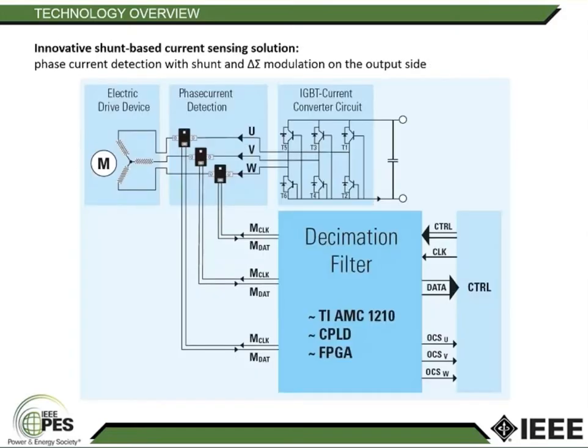Now let's have a look at the shunt-based current sensing solution. The shunt-based current sensing solution is basically located in the same spot like the CTs, which makes sense because you want to measure the three phases of your IGBT or the three current phases that come out of your IGBT current converter circuit.